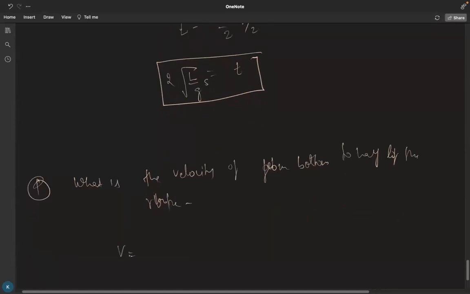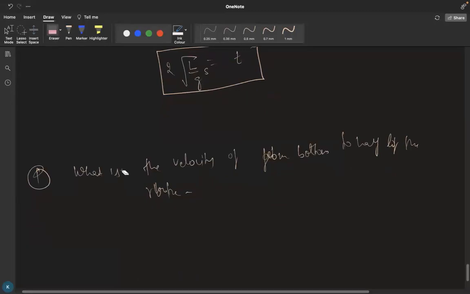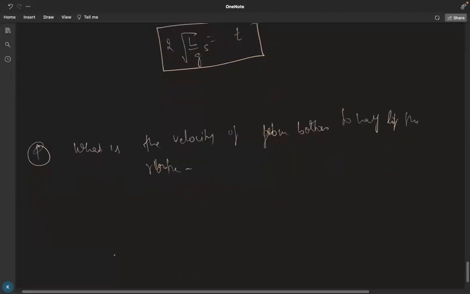We all know that v is equal to u plus at, or you can use the third equation of motion, which is v square is equal to u square plus 2as. Let me move with that one, because it is easy to calculate.